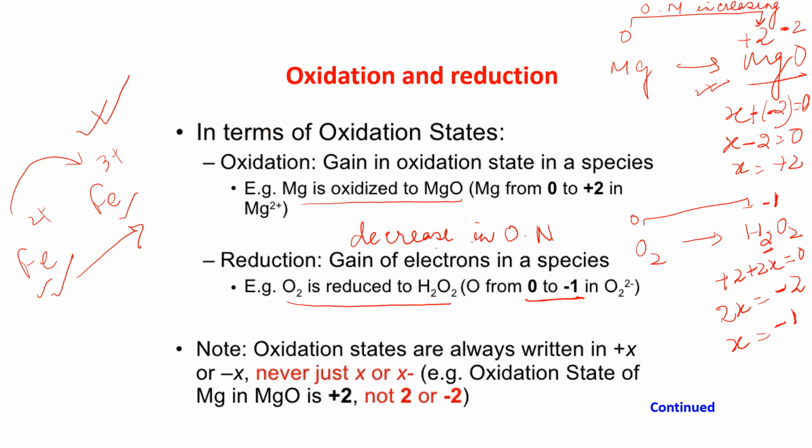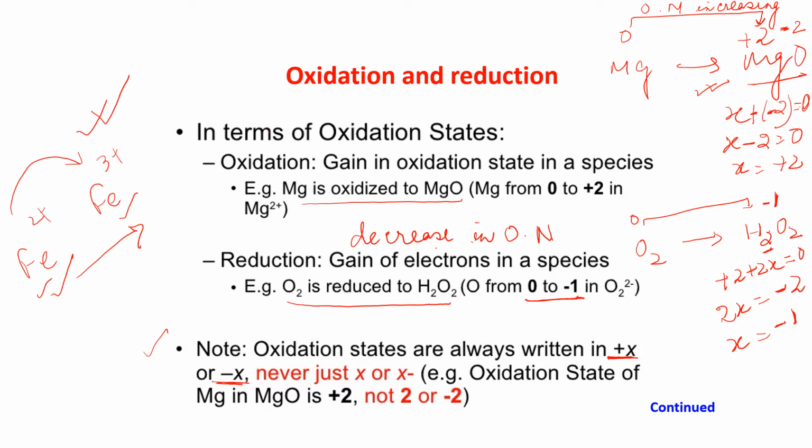Don't get confused. In the next slide, you'll get a clear picture about it. Now, note: oxidation states are always written as +x or -x. That means it should have a sign. Without sign, oxidation number is not written.